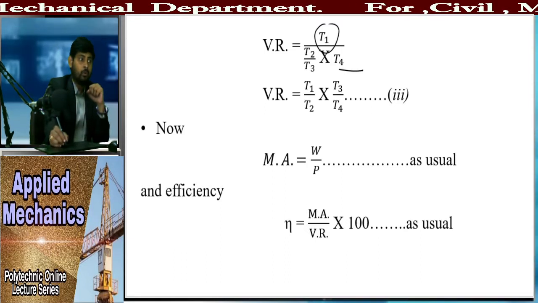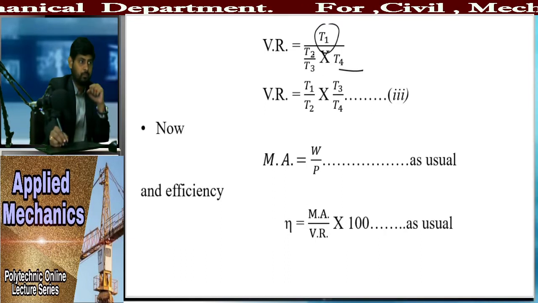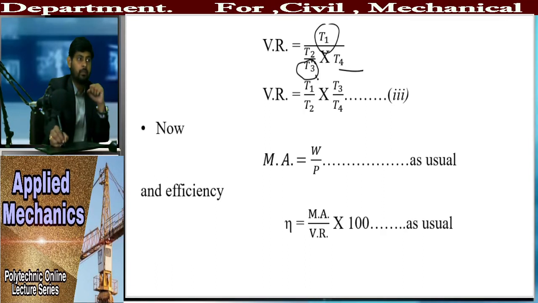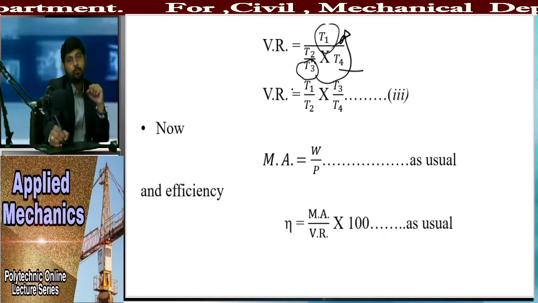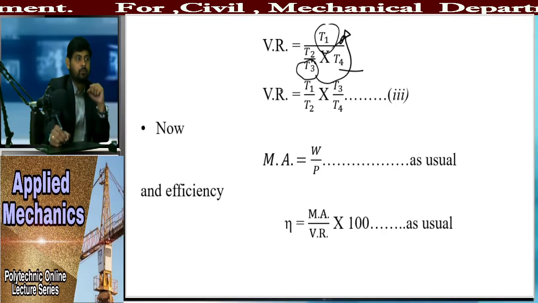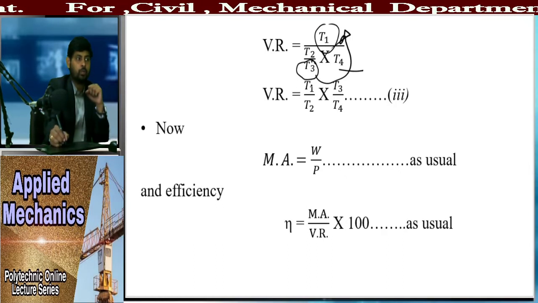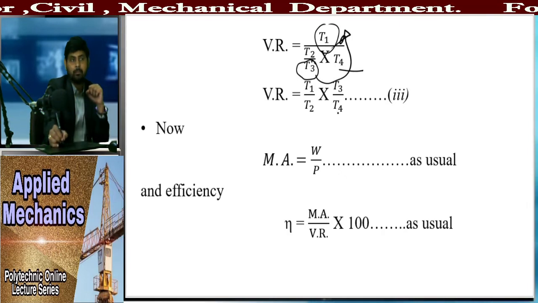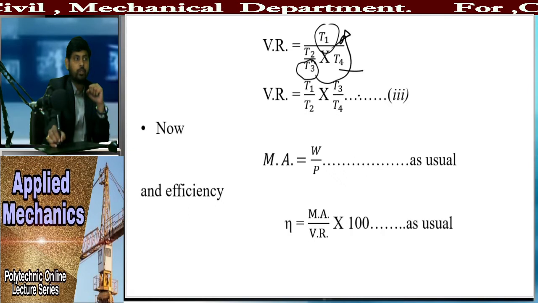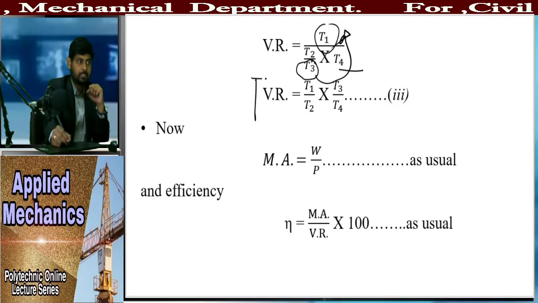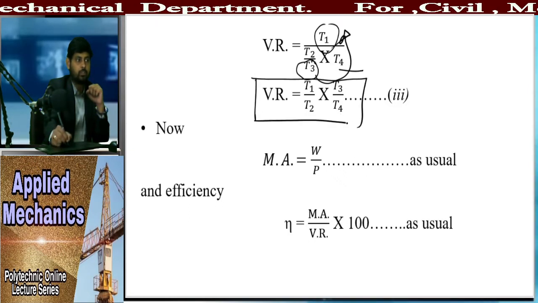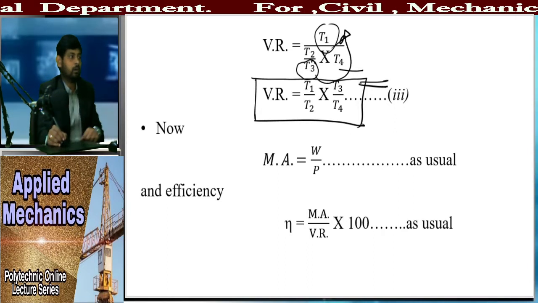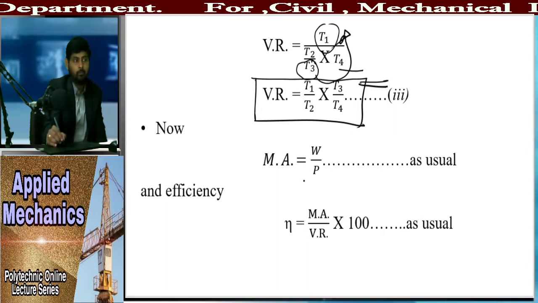Now you can see this T3 is in the denominator, so it will be shifted to the numerator. So the equation will be: velocity ratio is equal to T1 by T2 multiplied by T3 by T4. This is your equation number 3 and this is the expression for the velocity ratio in a geared pulley block.